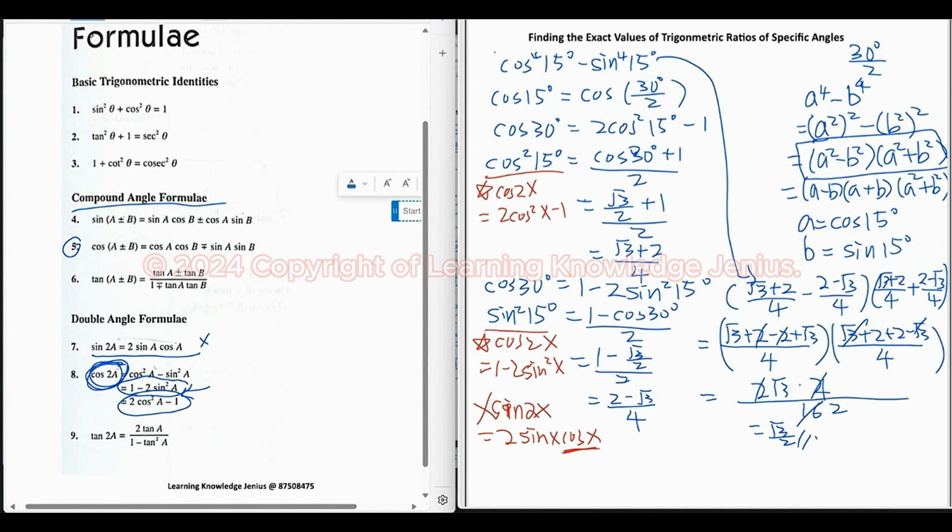Unless you have that information, we will usually not use it. So basically, when you want to find the half angle, you will not use the sine 2x formula. Instead, be it cosine 15 degree or sine 15 degree, you utilize the cosine 2x formula. This is what I want to highlight to you.